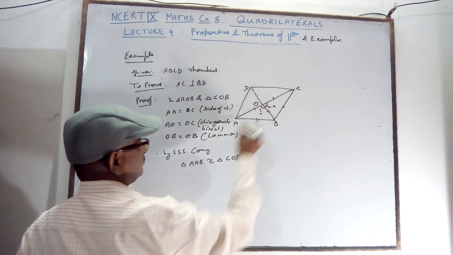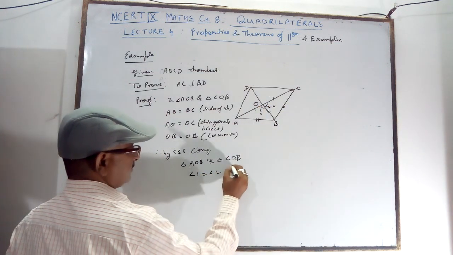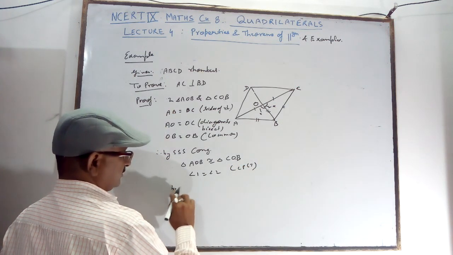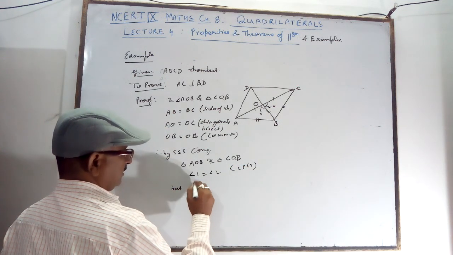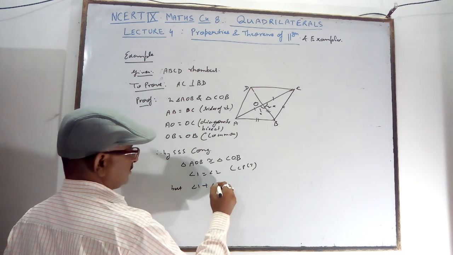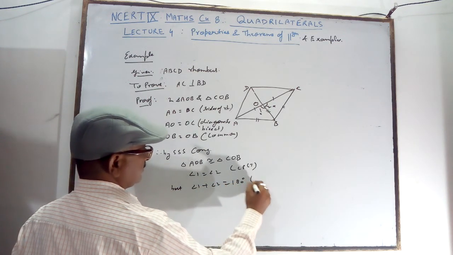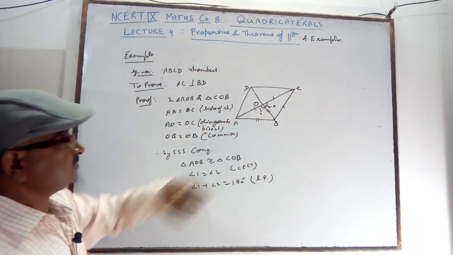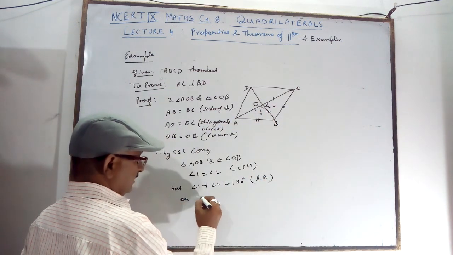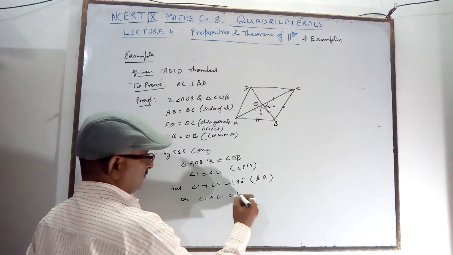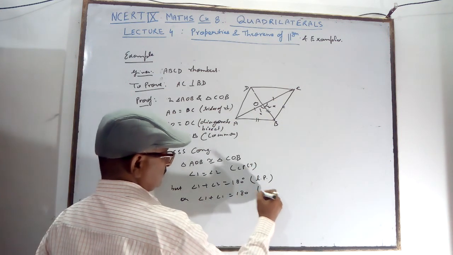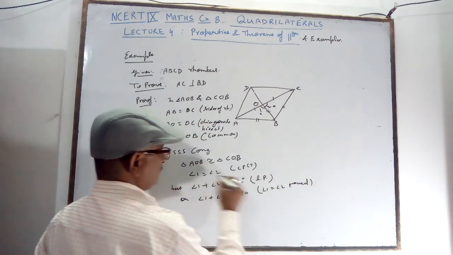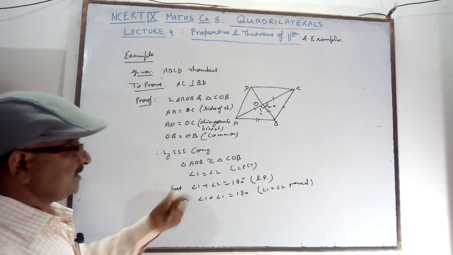Angle 1 is equal to angle 2. Why? By CPCT. But angle 1 plus angle 2 is equal to 180 degrees by a linear pair. It is a straight line, 1 plus 2 is 180. Or you can write angle 1 plus angle 1 is equal to 180 because we have proved angle 1 is equal to angle 2 by CPCT.